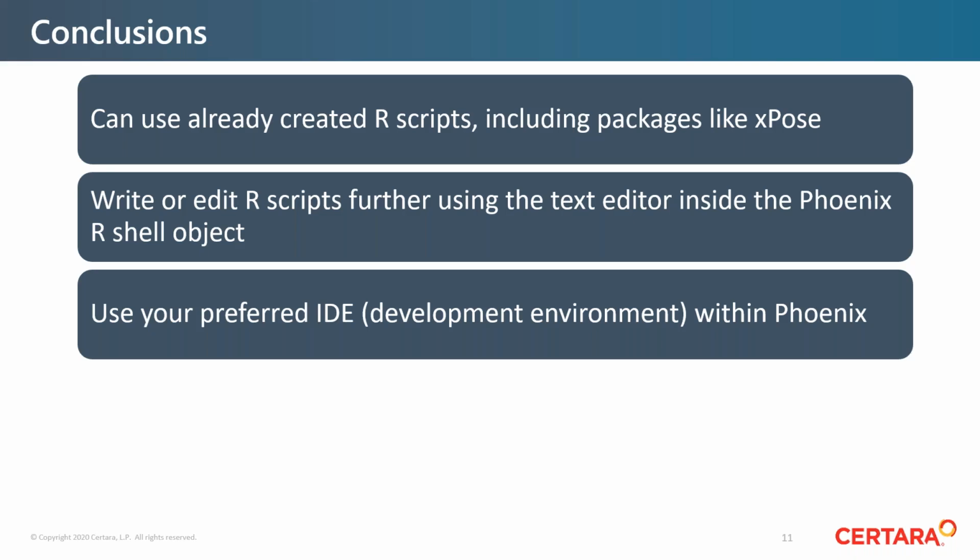You can edit those further in either Phoenix's own text editor or by launching the interactive development environment of, say, RStudio. And everything you've done is recorded and then wrapped up in your Phoenix project for easy transport and cooperation with your colleagues.